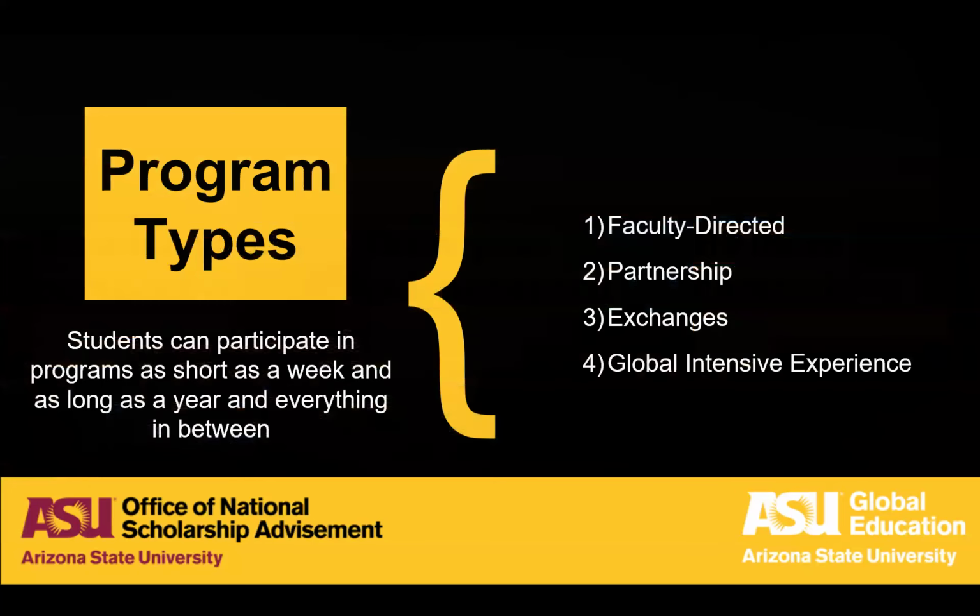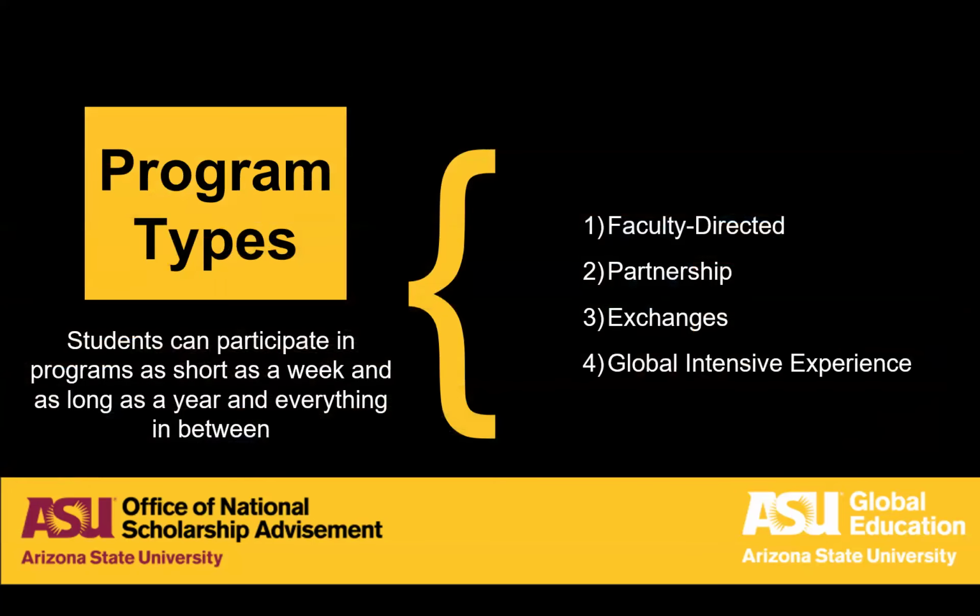So as I mentioned earlier, you can go through the Global Education Office for either a short-term or a long-term study abroad program. And there's really four main types of programs that they offer. If you're looking for a short-term study abroad program to go for 1 to 2 weeks over a break, or maybe just part of the summer, then you could look at the global intensive experiences.